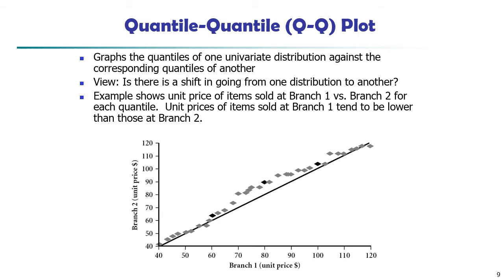Unit prices of items sold at branch 1 tend to be lower than those of branch 2, and you have to identify the reason from looking at the figure. Just pause the video and look at it.